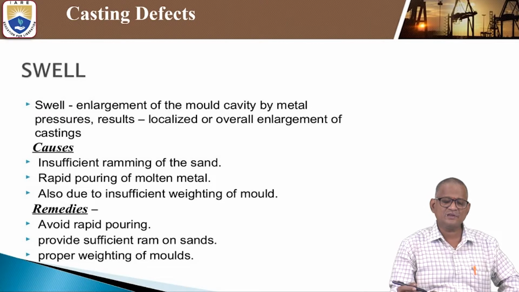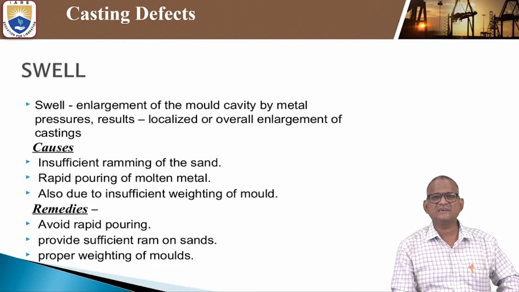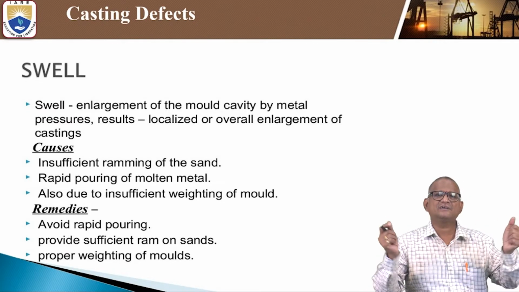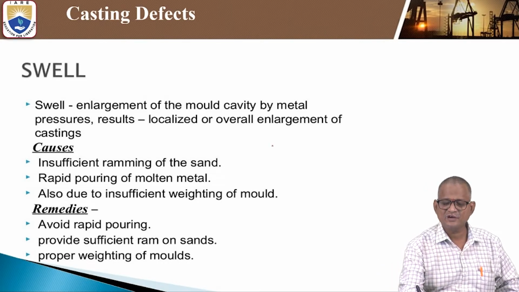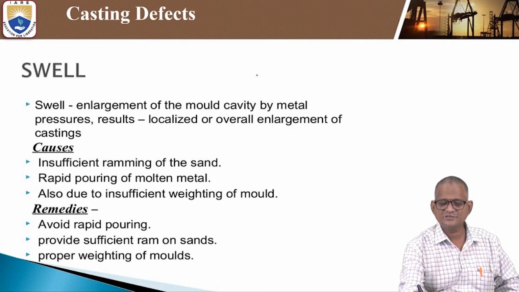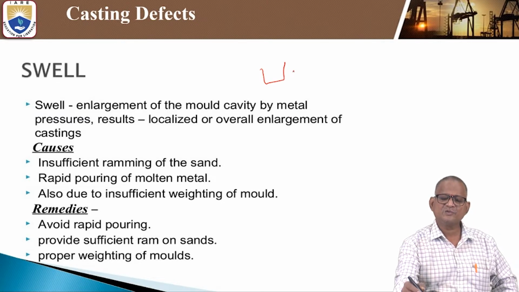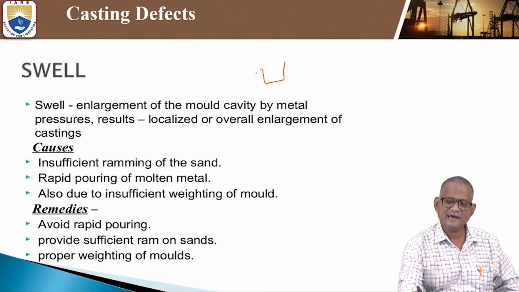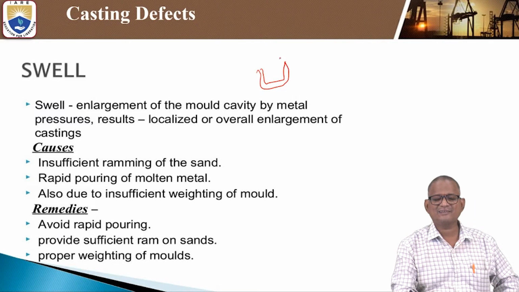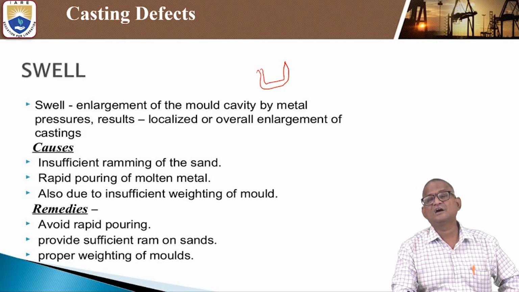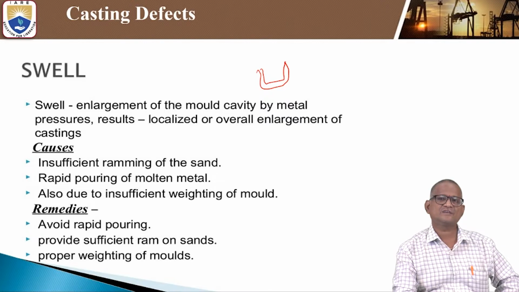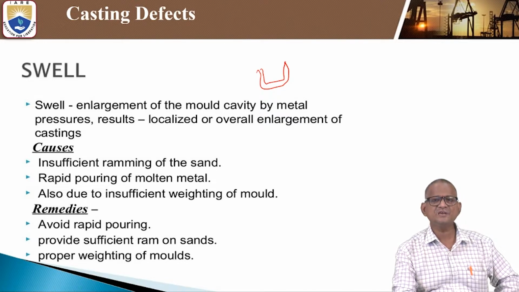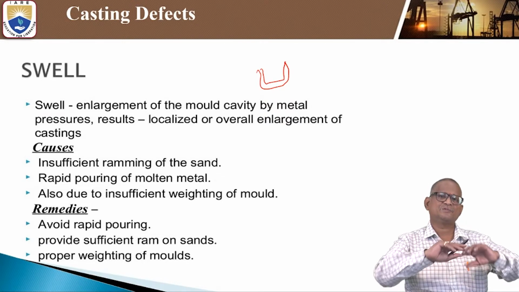For example, after pouring the molten metal the mold cavity may be enlarged or it may contract, if you do not provide the shrinkage allowance. So this leads to over enlargement of the casting.